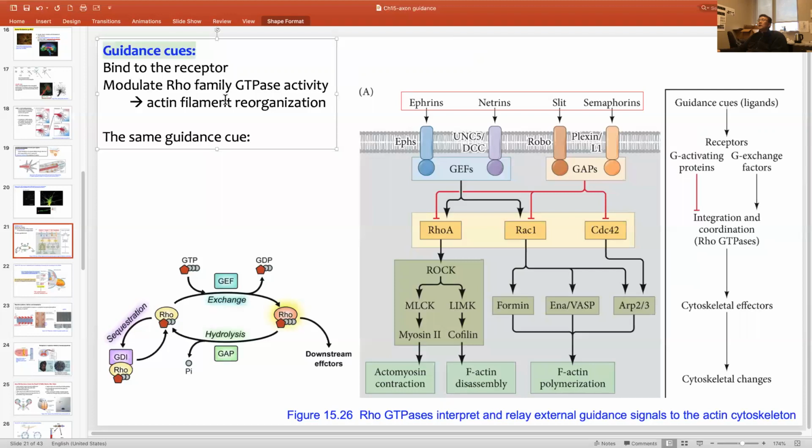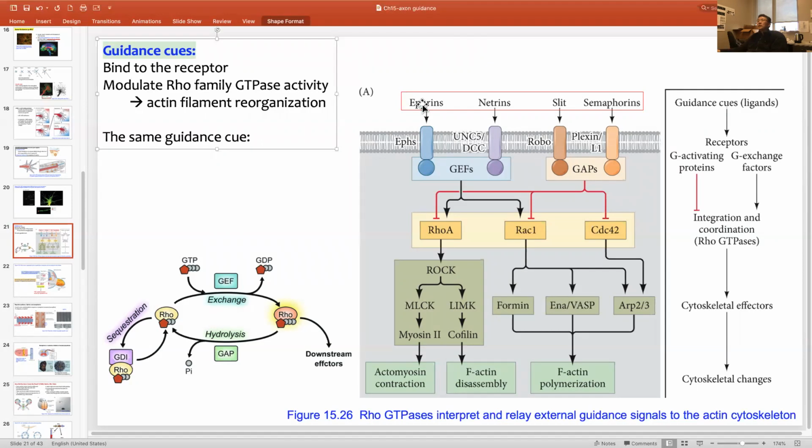There are four major guidance cues illustrated here: ephrins, netrins, slit, and semaphorins. I briefly mentioned the ephrins and the semaphorins for neural crest cell migration, and the other two, netrins and slit, we'll also talk about.